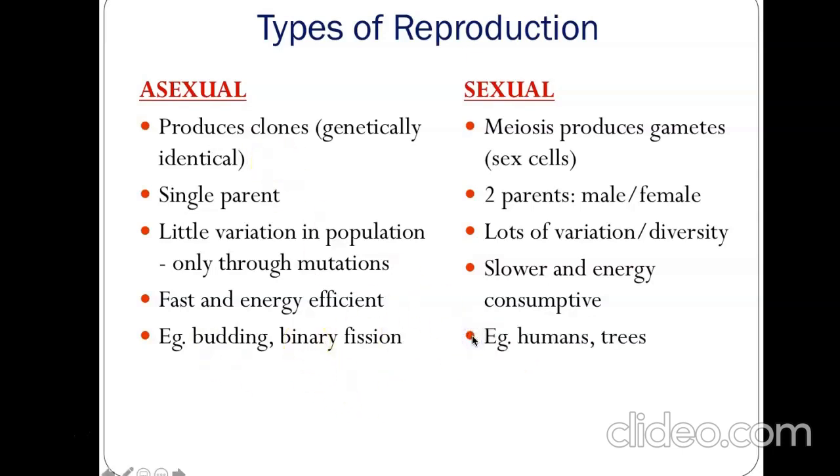Sexual reproduction, students are always like, wait, trees? What? I'm like, yeah, humans do that, but so do trees and so do plants. Now, it's not the same activity or the same way, but sexual reproduction just means there is a sperm from one organism and an egg from a different organism, and they meet to form a brand new organism. And yes, trees do that.